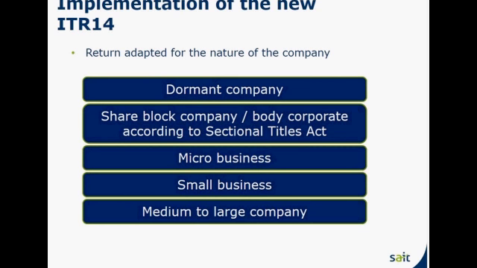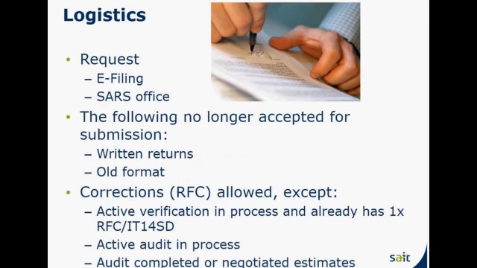If we look at the details of the different classifications, and at the logistics around the form, the form is requested on e-filing or at a SARS office. Important: when you submit a return, the old form will no longer be accepted. You can't submit a handwritten return or submit a company tax return on the old ITR14 form.